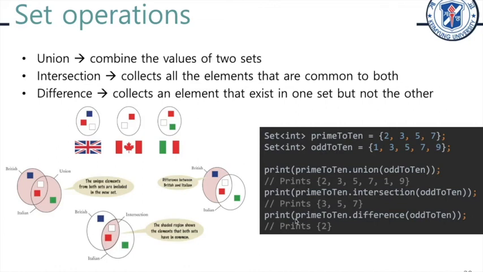If you want to print the difference, then you can see that from these two sets, the difference is 2, because the second set contains 3, 5, and 7. So when you have two sets, you can use all these properties.